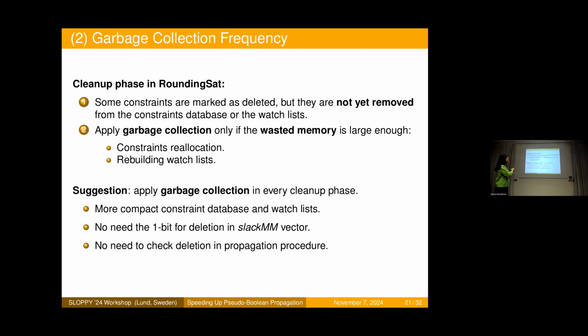That is to reallocate the constraints and rebuild the watch list. So our suggestion is that we could apply the garbage collection in every cleanup phase, such that the constraints and watch list are more compact. And also, this bit in the vector could be removed. And so in the propagation procedure, all constraints are valid.